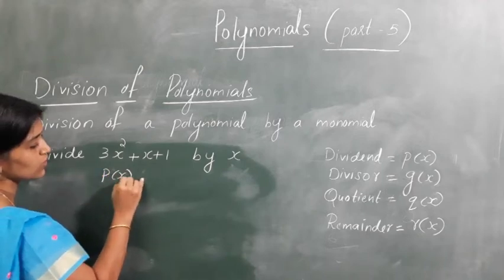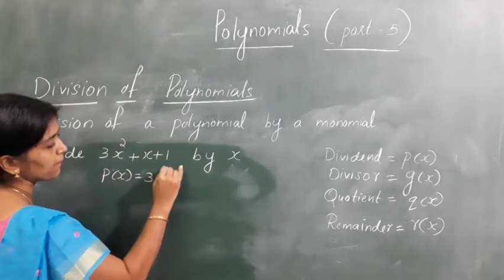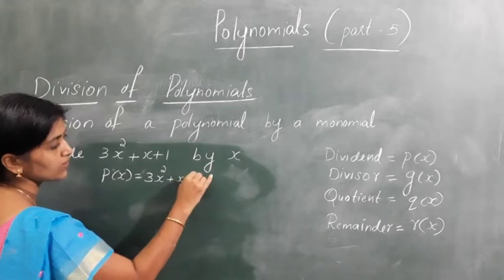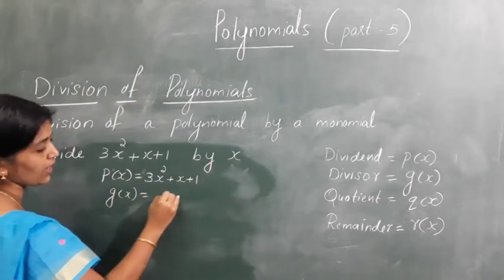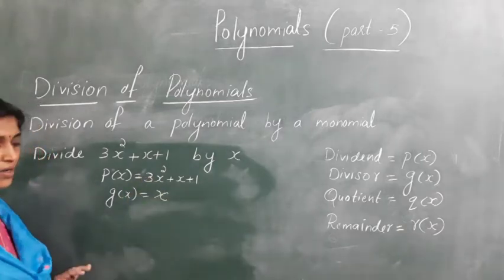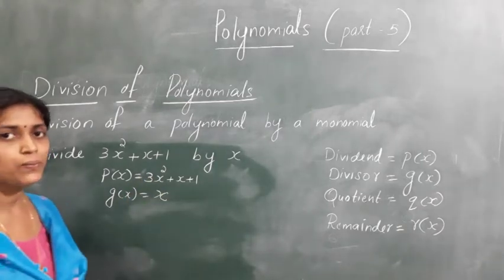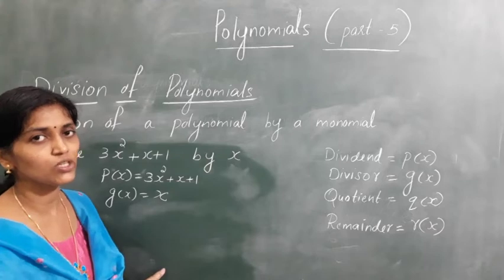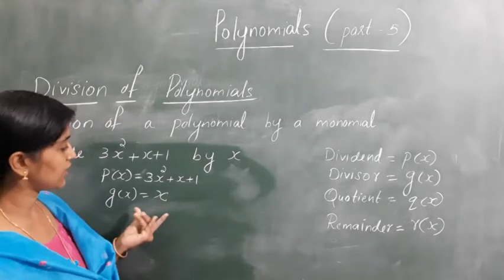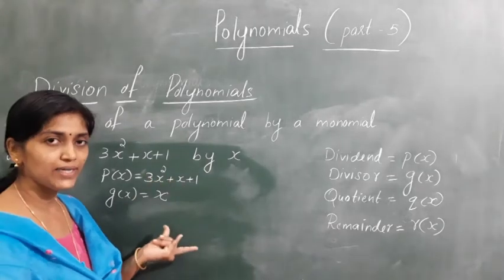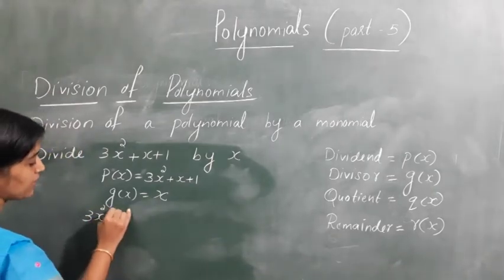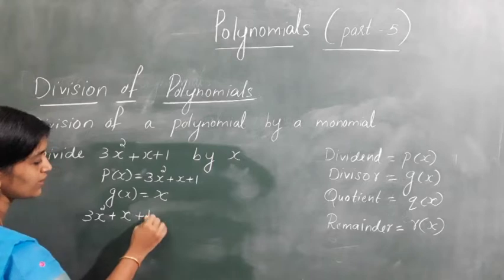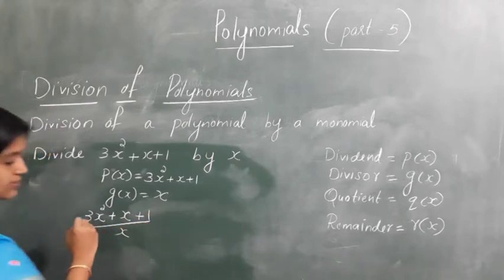P of x is equal to 3x square plus x plus 1, and g of x is equal to x. Division by monomial, I told, we are not going through the usual process of division. We are taking this polynomial and dividing it directly. That is 3x square plus x plus 1 divided by x.